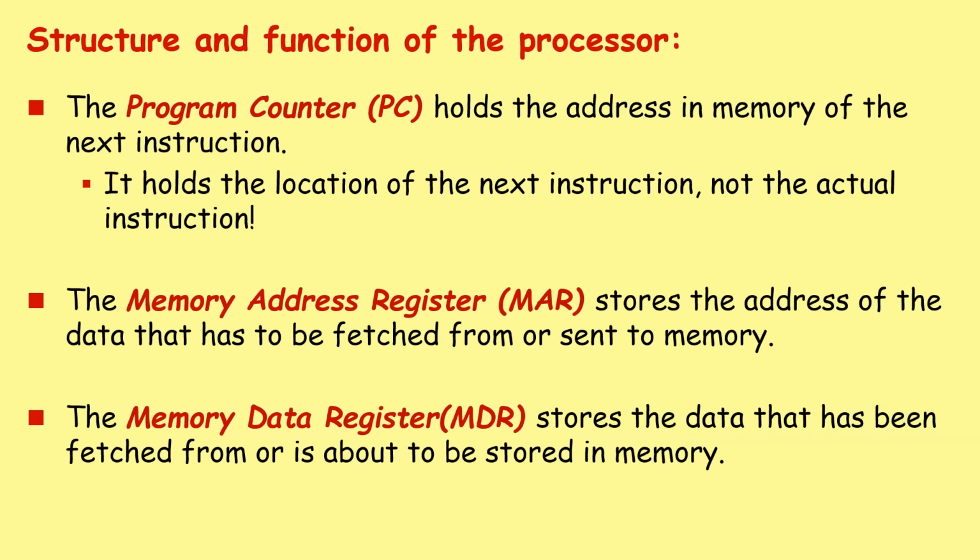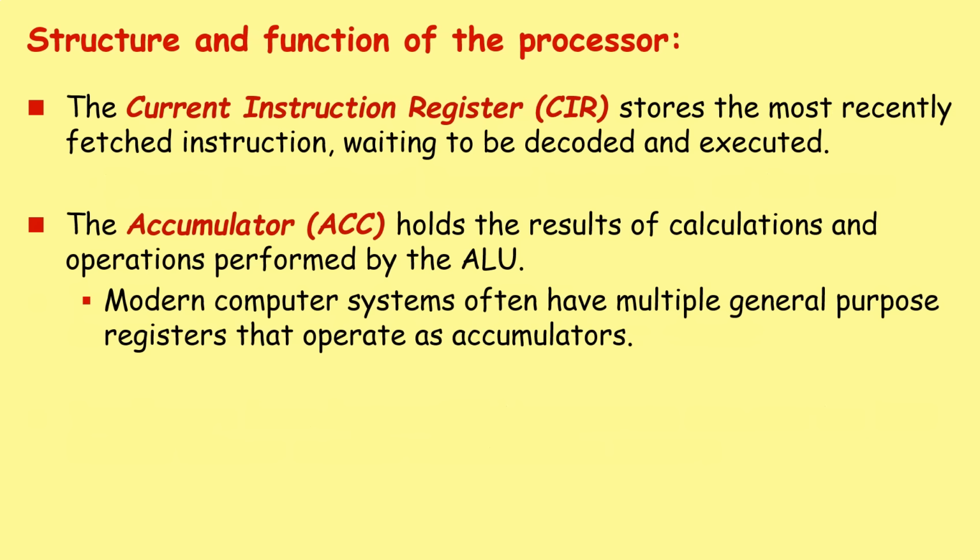The memory address register, or MAR, stores the address of the data that has been fetched from or is about to be sent to memory, while the memory data register, or MDR, stores the data that has been fetched from or is about to be stored into memory. The current instruction register, or CIR, stores the most recently fetched instruction, waiting to be decoded and executed. And finally, the accumulator, or ACC, holds the results of calculations and operations performed by the ALU.